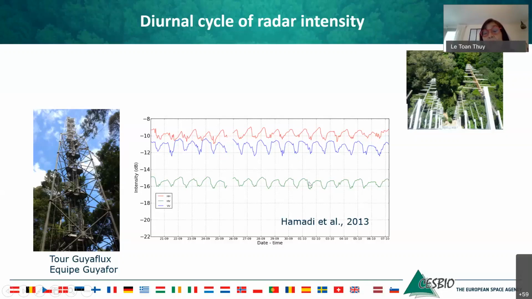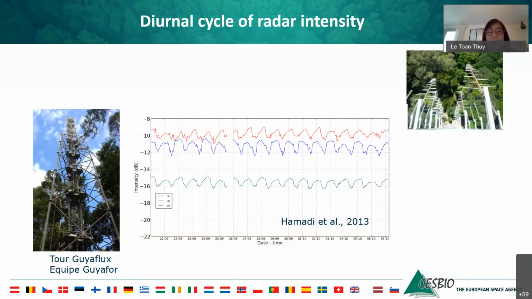And then the night orbit and morning orbit can have 1 dB or half a dB difference. And half a dB, since the sensitivity is reduced at high biomass, can be important. So we have to understand that before the retrieval.